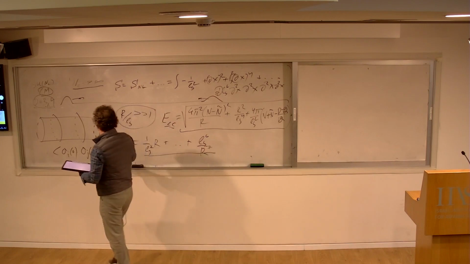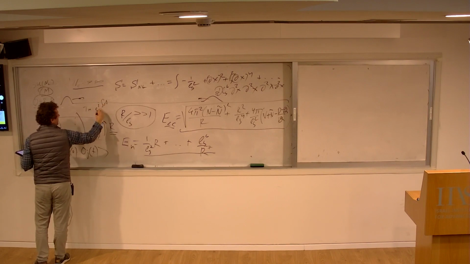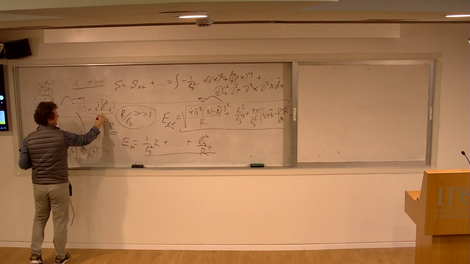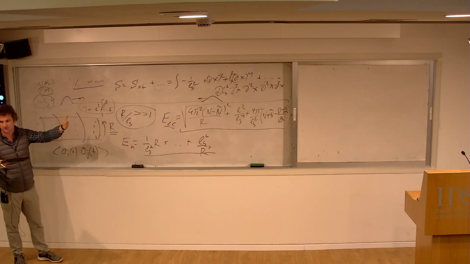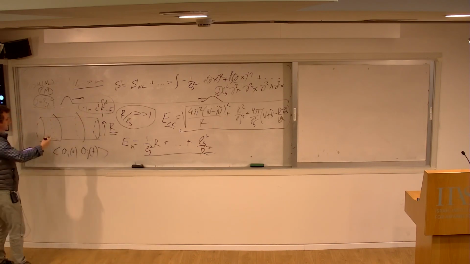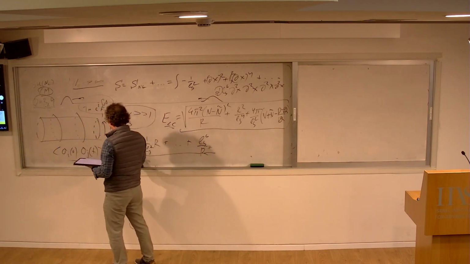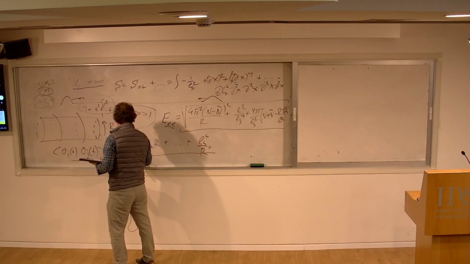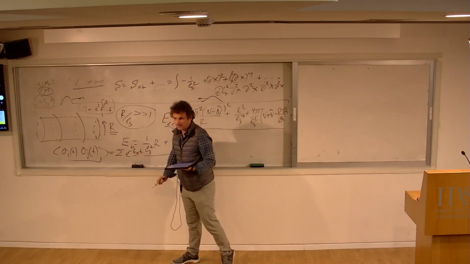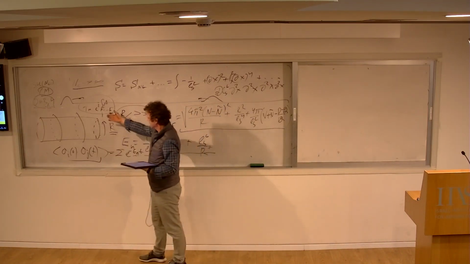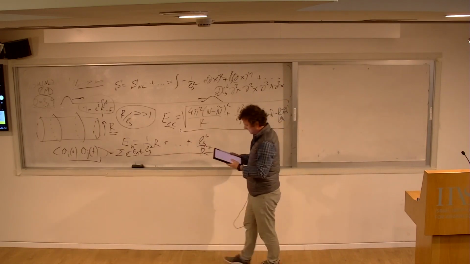In other words, one studies the operators of this sector, with this set of insertions, and in the large N limit this single trace subsector decouples from all the rest. So one studies this subsector of operators, and then one approximates this set of 2-point functions as a sum of exponents, and from these exponents one extracts the energies. And these energies are interpreted as excitation energies of a string which is wrapped around the circle.